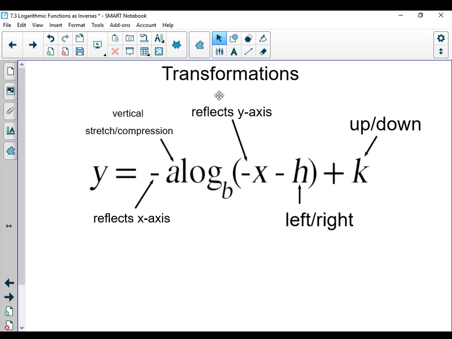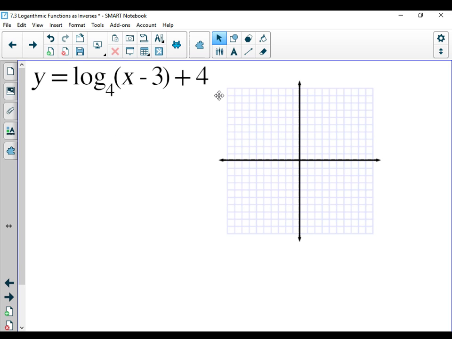Okay, so let's look at this first example. First, I just want you to tell me the transformations.